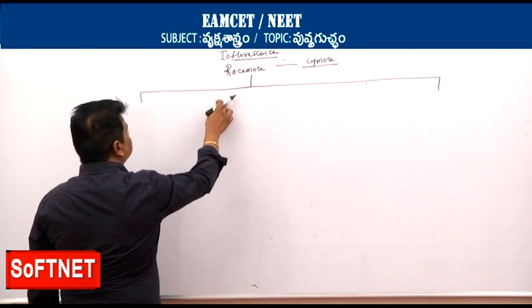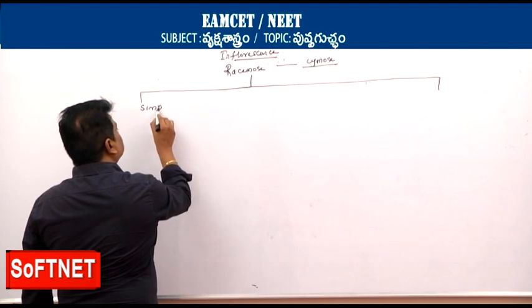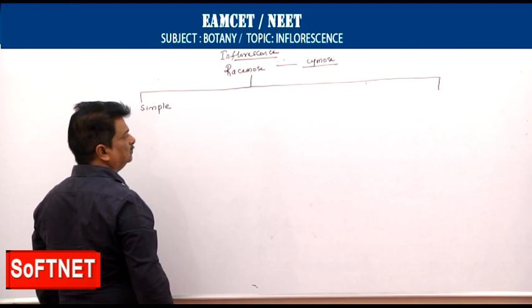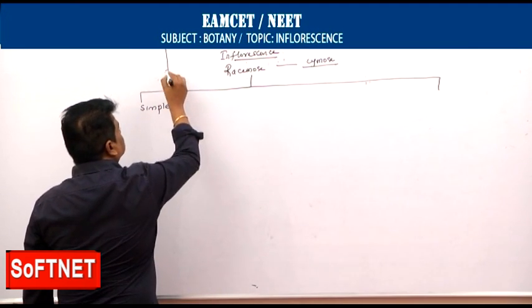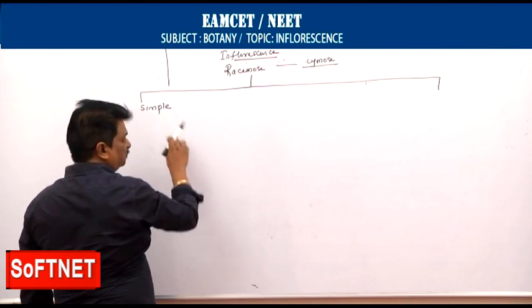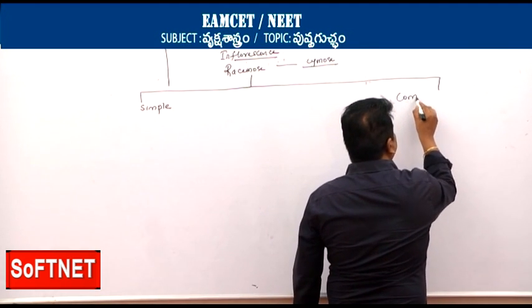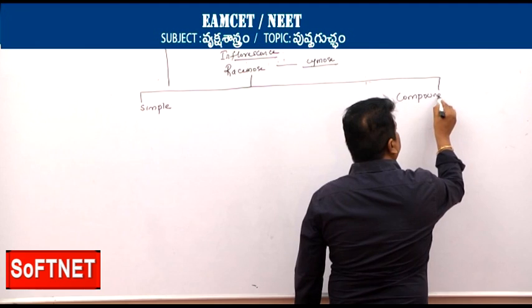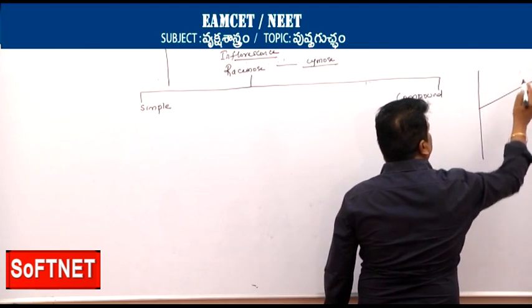In racemose, if the peduncle is unbranched, it is called simple. And if the peduncle is branched, it is called compound.